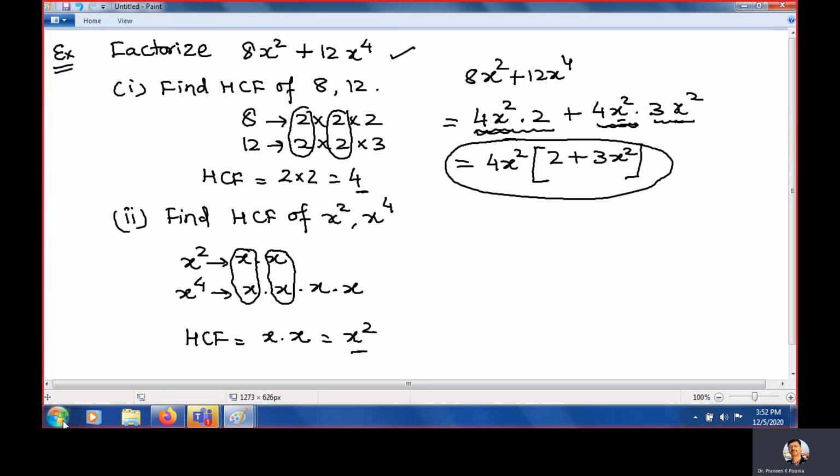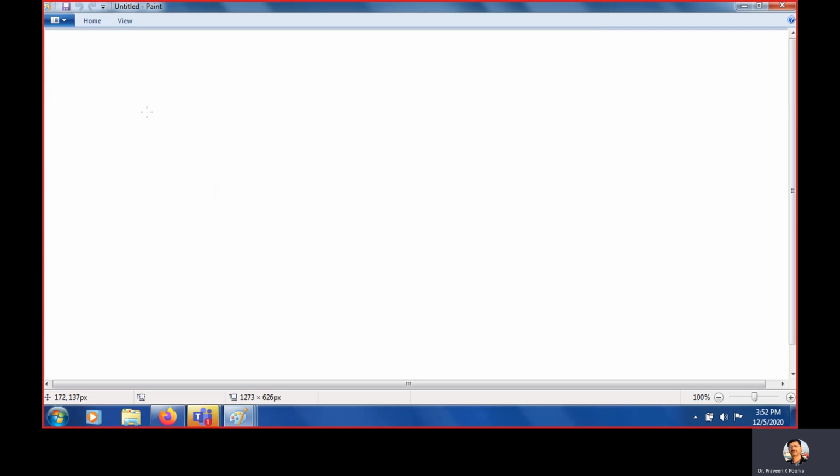Okay. One more question I will explain to you. Let us take factorize 6x power 3 minus 24x. This you need to factorize. So what is step 1?